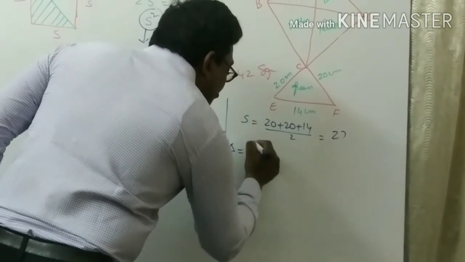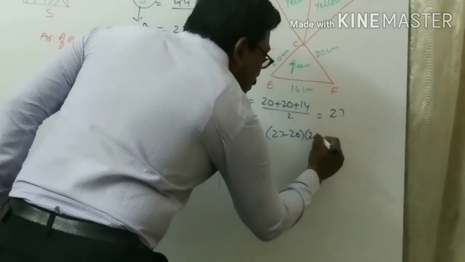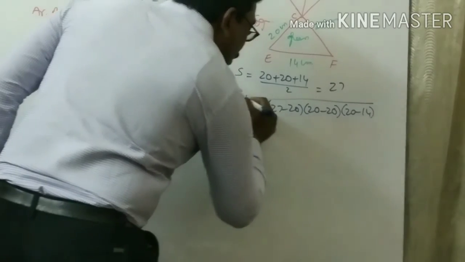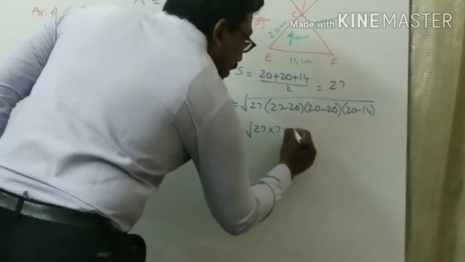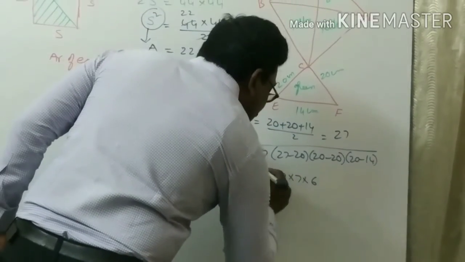Area of triangle, root of S into S minus A, S minus B, S minus C. Okay, root of 27, 7, 7 and 20 minus 14 is 6.